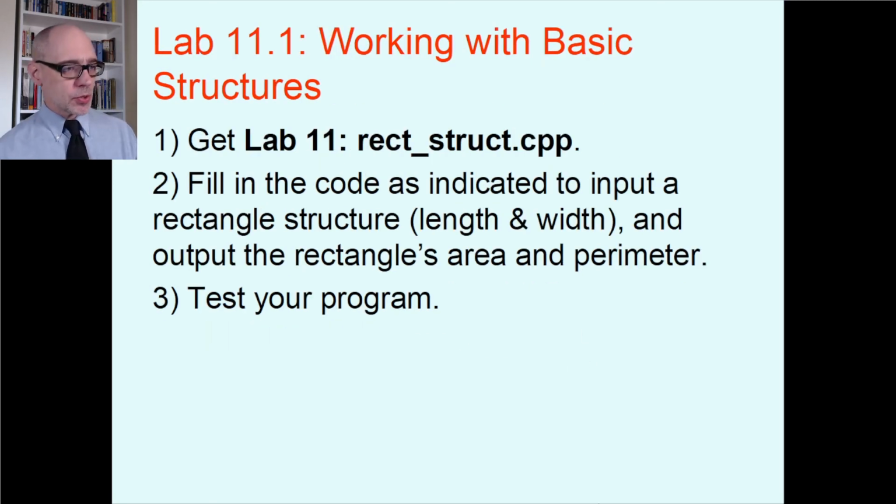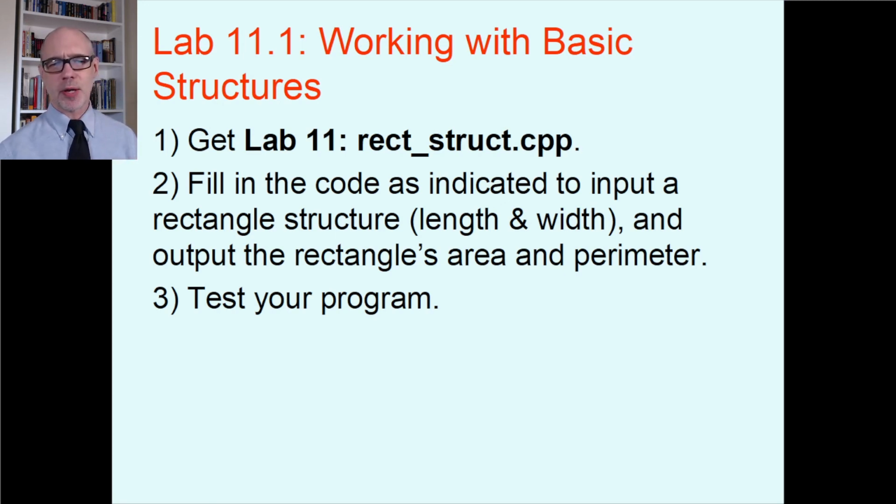Okay, so probably my students would get together and we would do this first lab in chapter 11, working with basic structures. The goal here, not the biggest program, is to write a program that takes input for a rectangle structure. So the very first thing we would need is a definition for a rectangle structure that has fields for the length and the width.